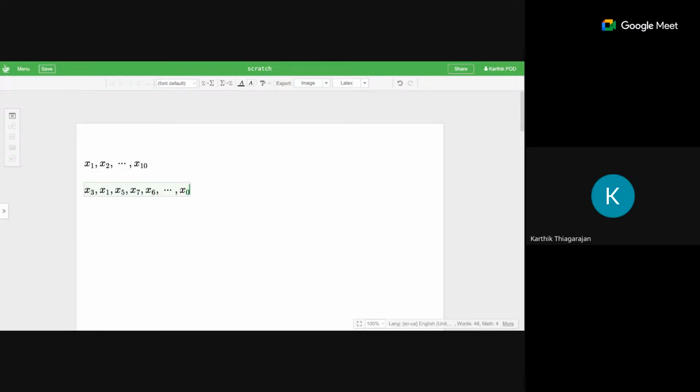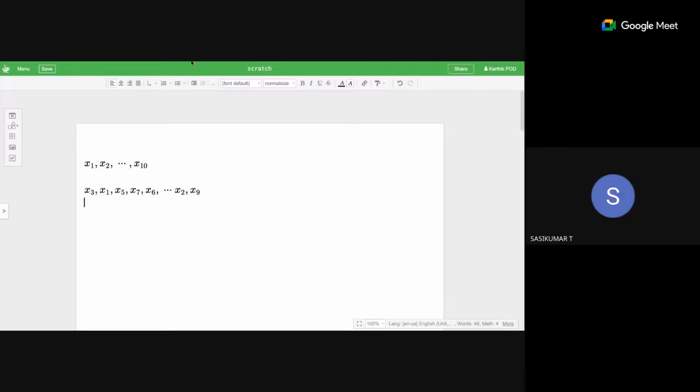Let's say the last data point is x9. Now if your batch size is 2, your first batch will be x3, x1. Second batch will be x5, x7. And the last batch will be, let's say, x2, x9. So they'll all be exclusive batches.